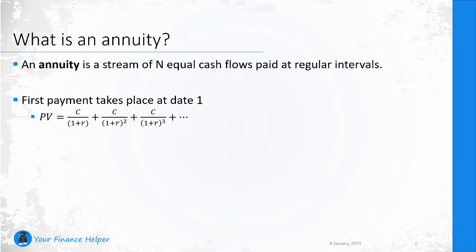Looking at the present value formula, we again assume that there is no cash flow at date 0. It begins at date 1. An example of this could again be that you invest $100 at an interest rate of 5%.